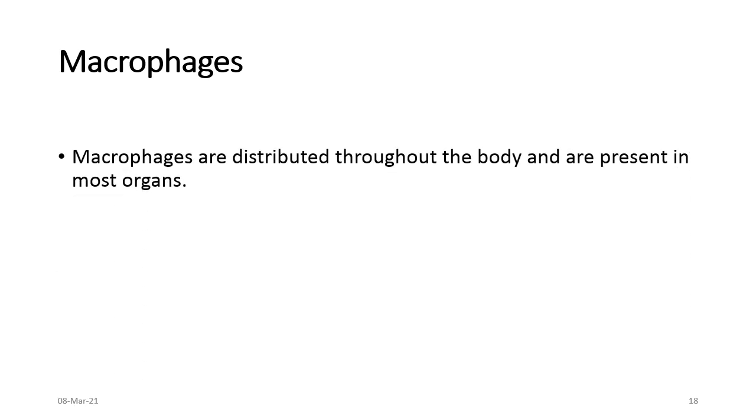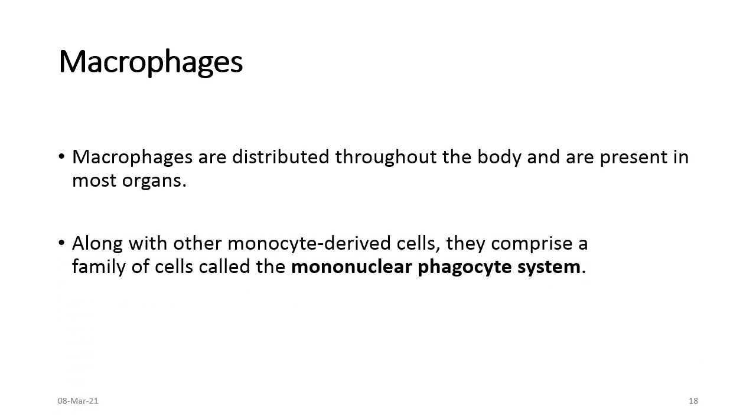The macrophages are distributed throughout the body and are present in most organs. Along with other monocyte-derived cells, the macrophages comprise a family of cells called the mononuclear phagocyte system, which is part of the immune system.